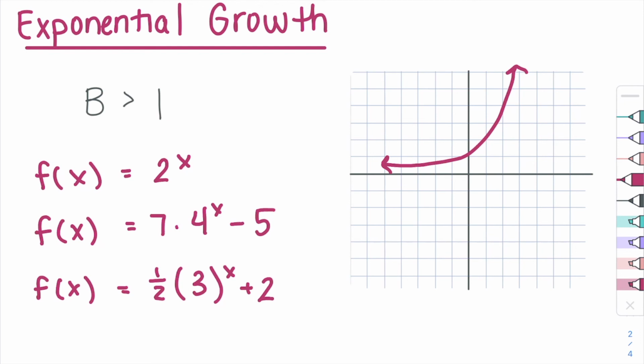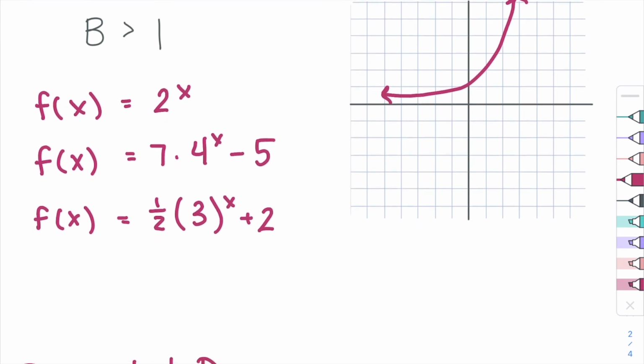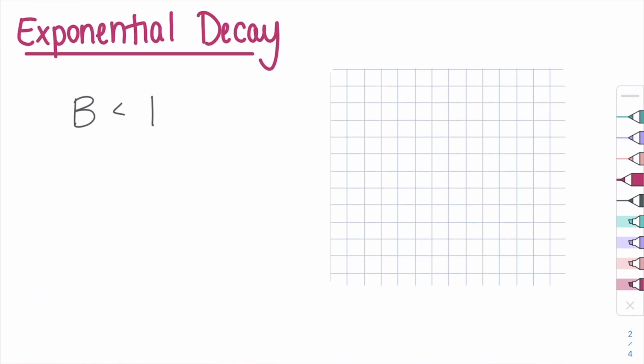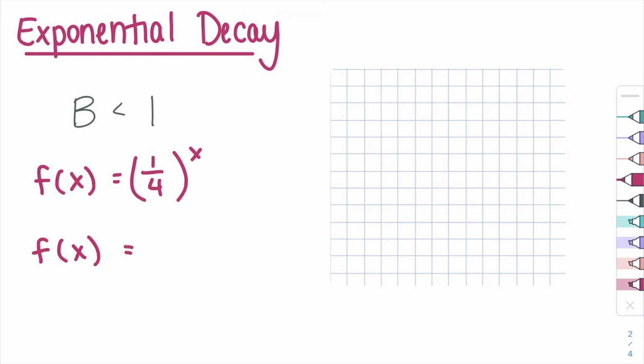That's exponential growth. If you see that the growth rate is less than 1, so things like f of x equals (1/4)^x, f of x equals 2 times (1/3)^x.